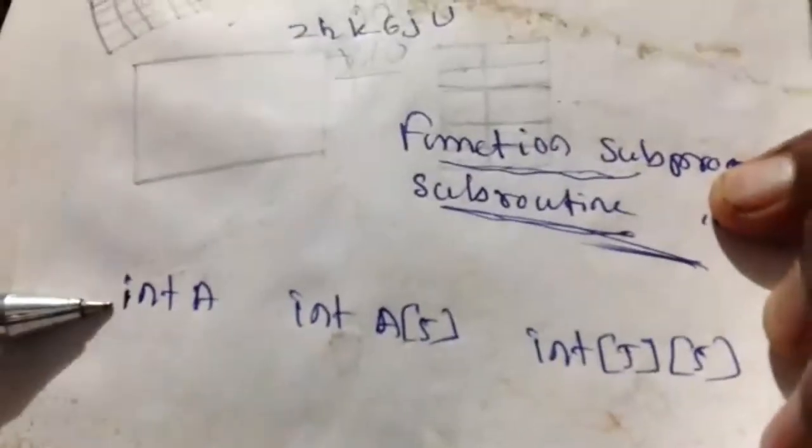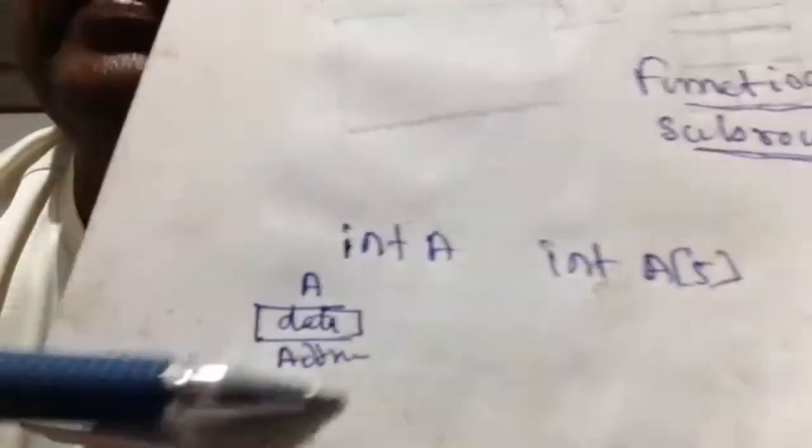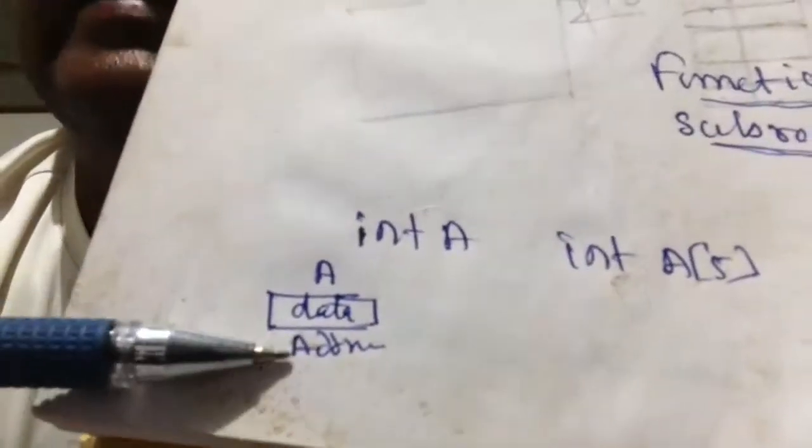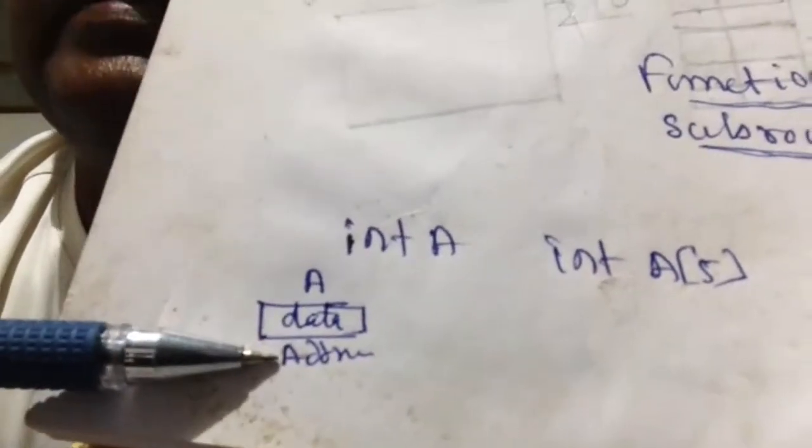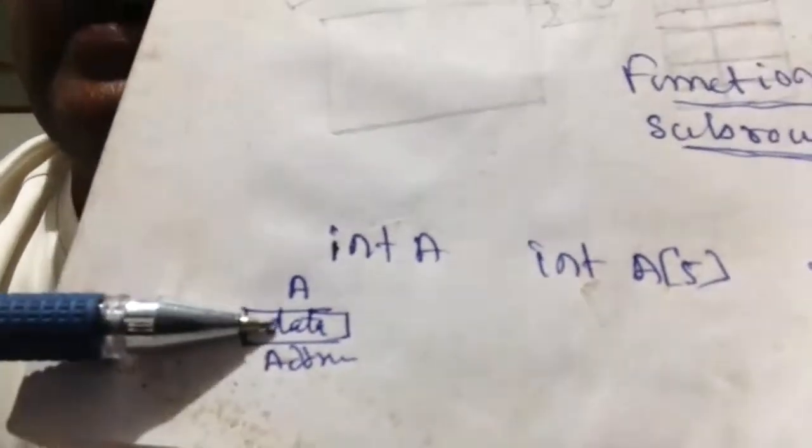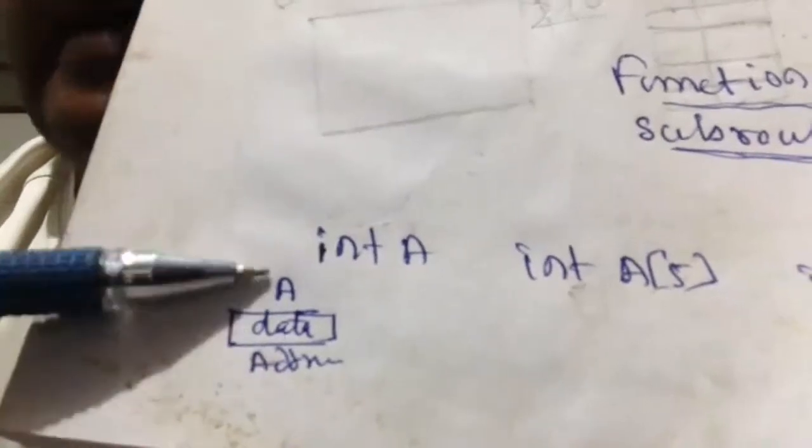This is a single variable. Single variable means it will occupy only one space. Once you write int a, the computer will occupy this space. The address is given by the system, there is the data, whatever you are putting, and a is the identification.